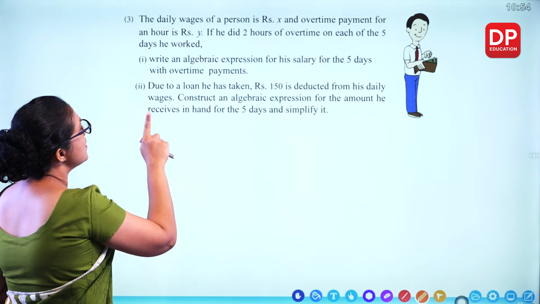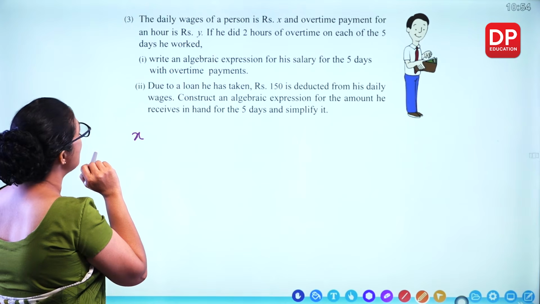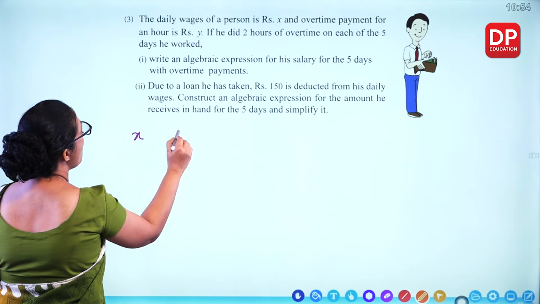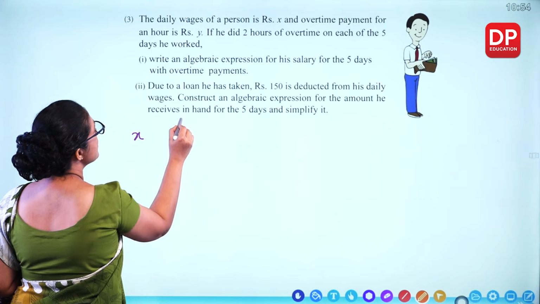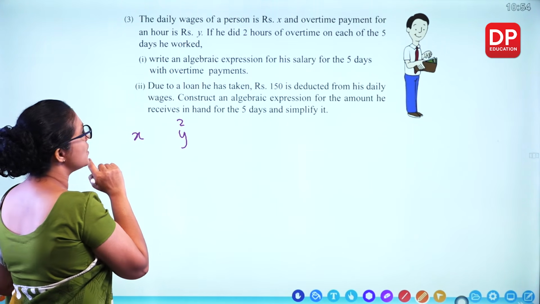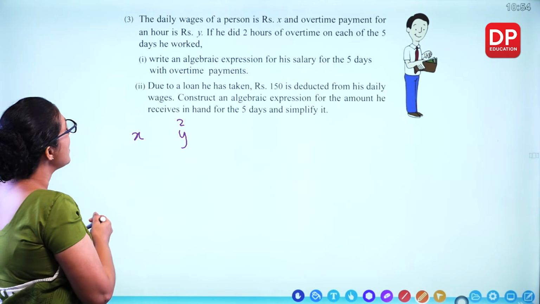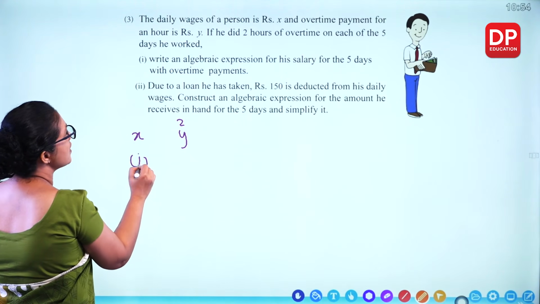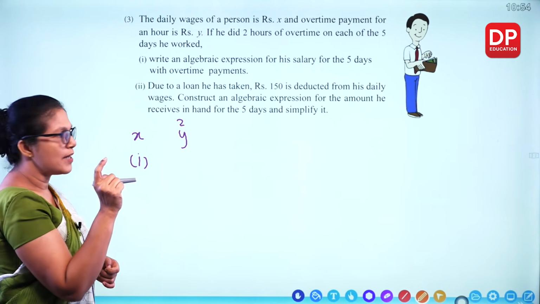The daily wages of a person is x. Overtime payment for an hour is y. If he did 2 hours of overtime work on each of the 5 days he worked, every day 2 hours extra, write an algebraic expression for his salary for the 5 days with overtime payment.